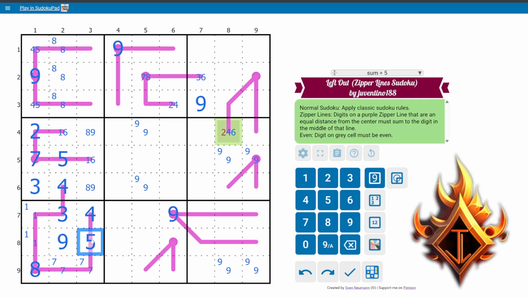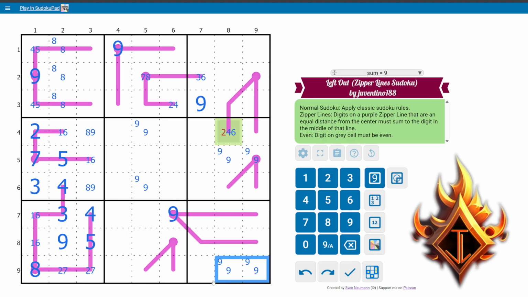I'll put 3, 5 that way. And then 6, 2. So 2 will go here. And 6 there. Okay.